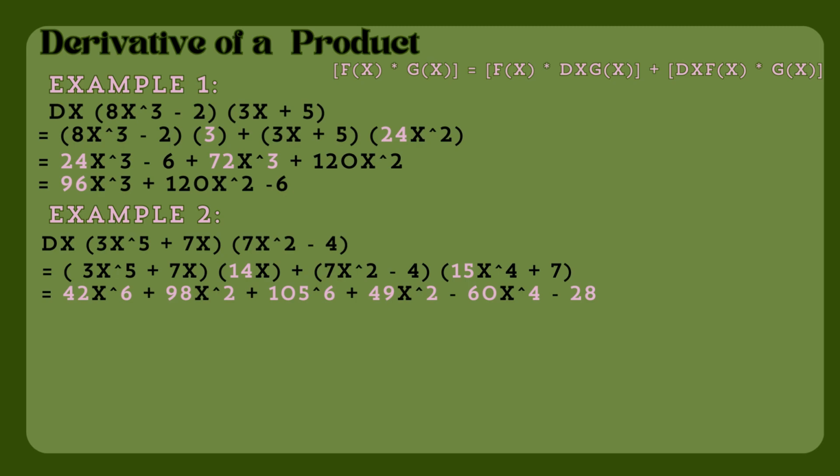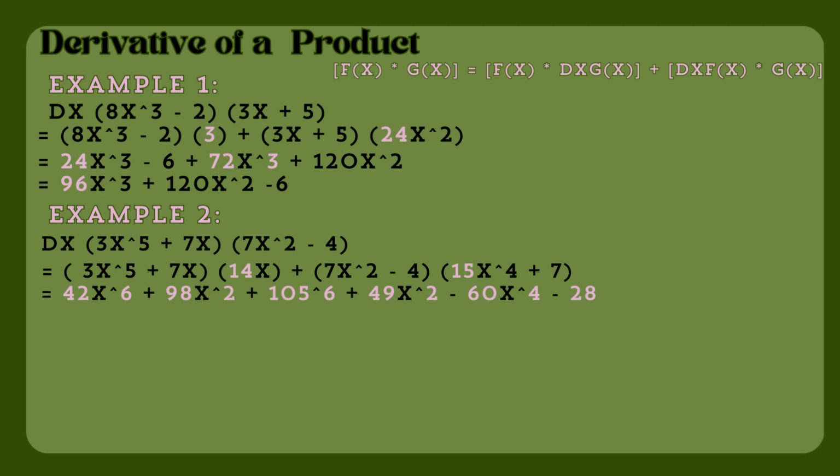Then distribute, which will give us 42x raised to 6 plus 98x squared plus 105x raised to 6 plus 49x squared minus 60x raised to 4 minus 28.